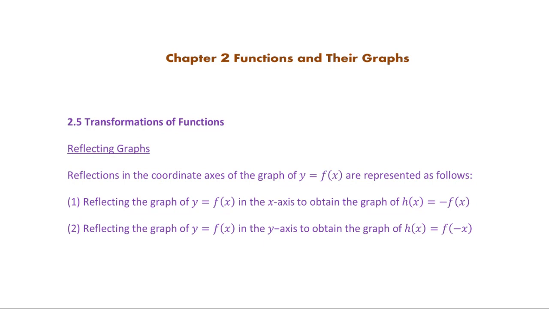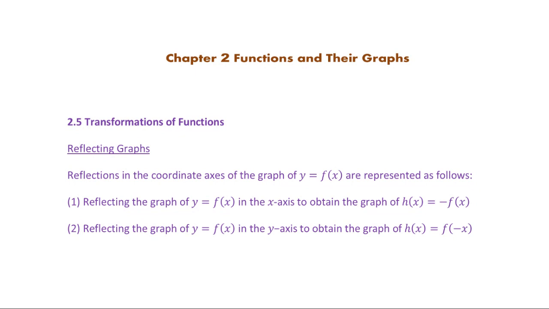because you are reflecting across the x-axis. So that's like a mirror of the horizontal plane if you put those two curves together, right? F and h. On the other hand, if you reflect the graph of y equal to f of x in the y-axis, so you reflect f of x across the y-axis, you're going to get the graph of h equal to f of negative x.